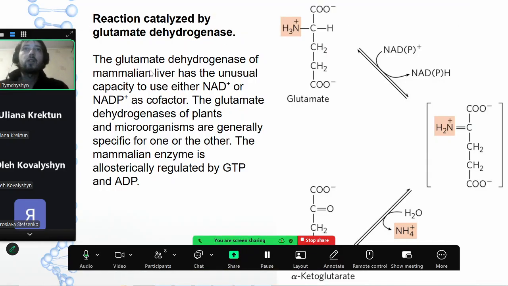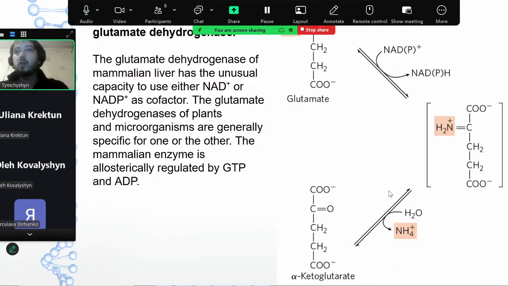Here is the reaction catalyzed by glutamate dehydrogenase. So here you see the reaction. Here is the glutamate and how it gets to the alpha ketoglutarate and gets rid of the nitrogen atom. These enzymes of mammalian liver have the unusual capacity to use either NAD+ or NADP+ as the cofactor.